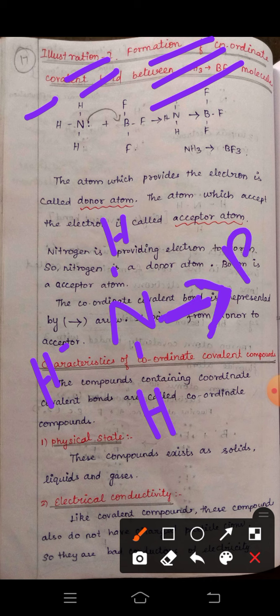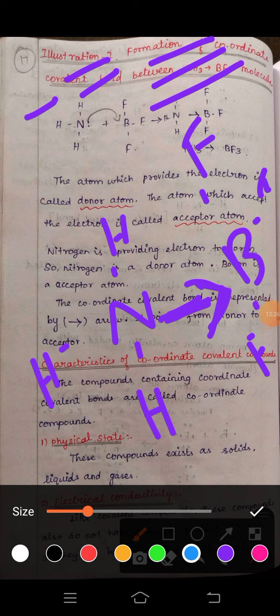Next to nitrogen is boron, in boron trifluoride, BF3. So here boron is combined with the nitrogen of the ammonia molecule, so its form will be NH3. We need to represent it by an arrow mark.